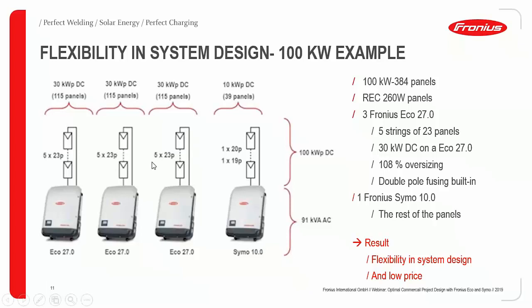Therefore we build 3 units, which makes a total of 90 kilowatt. And for the rest, that means the 39 panels, a total of 10 kilowatt, we can use our Symo 10 kilowatt inverter. So I get low cost from the 3 Eco, and from the Symo we get the flexibility.